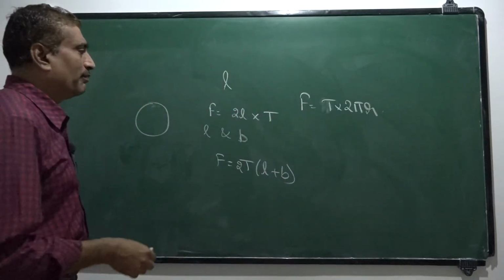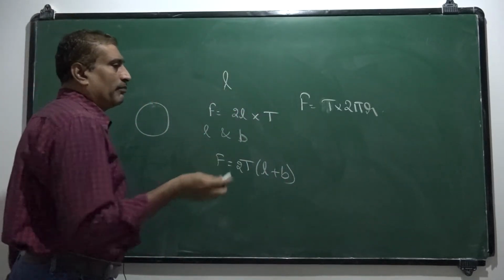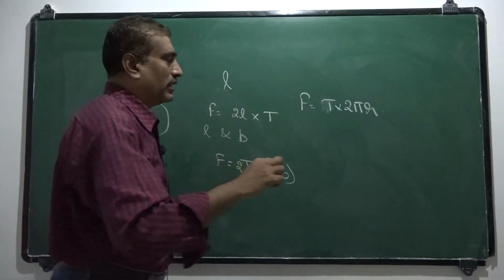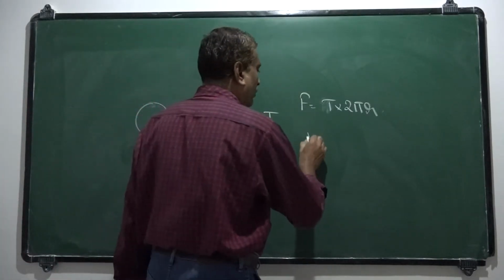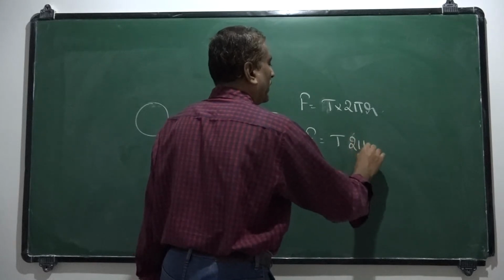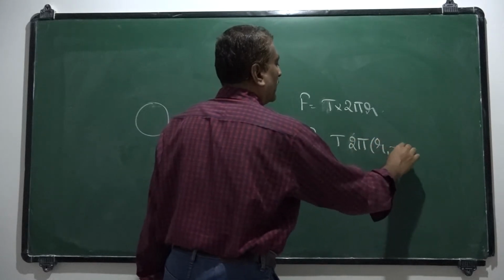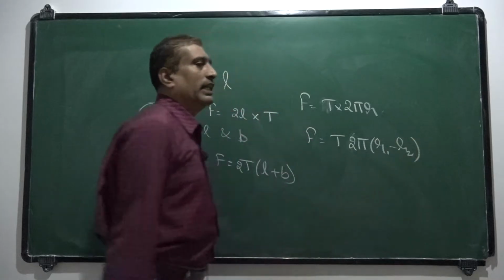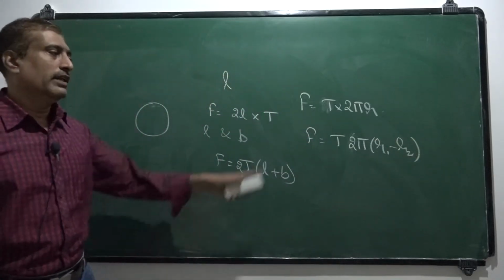Okay. Similarly, to lift a circular ring, the force required is T into 2 pi (R1 plus R2), where R1 and R2 are the internal and outer radii of the ring. Okay.